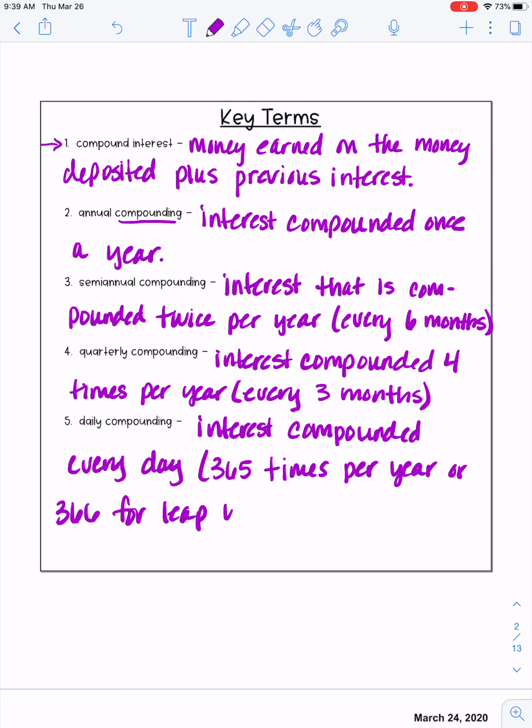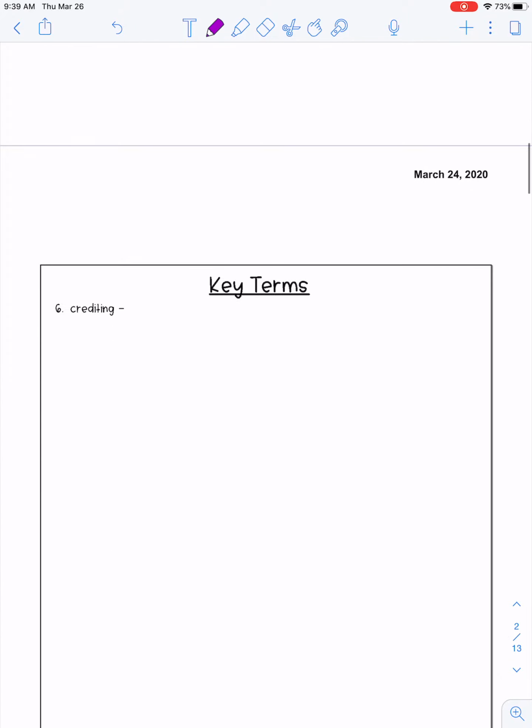The last term, crediting. Some of you were talking about credit, when somebody gives you the power to borrow money or get a loan. That does mean to credit, but this is a different term.